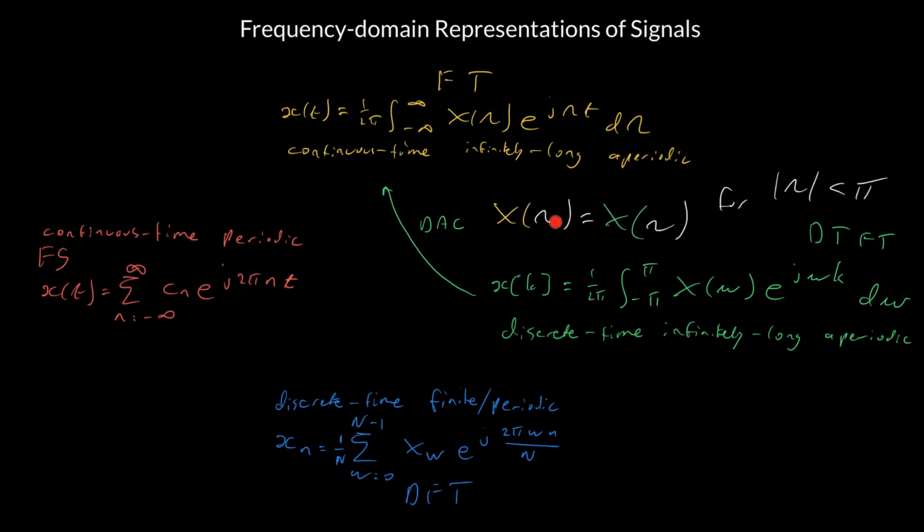We therefore immediately get that x of omega in the Fourier transform domain is given simply by x of omega in the discrete time Fourier transform domain, simply because e to the j omega k gets mapped to e to the j omega t when we go from discrete time to continuous time via interpolation.